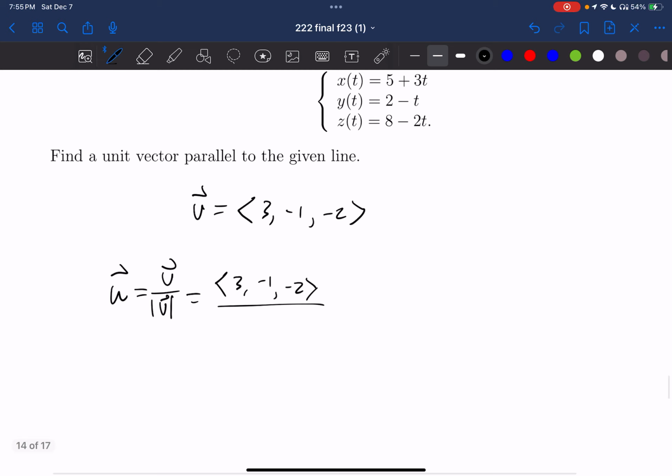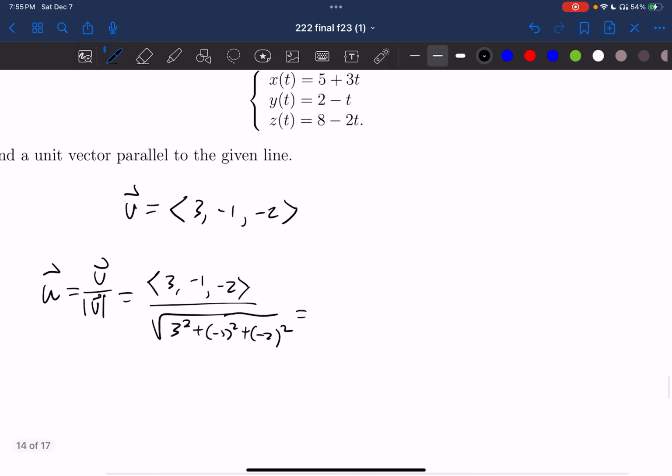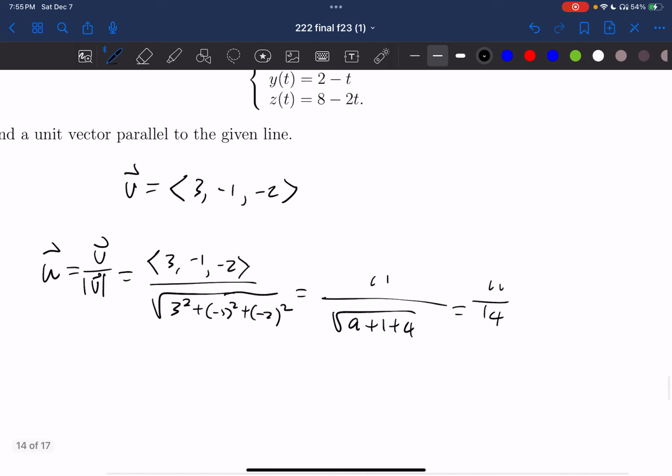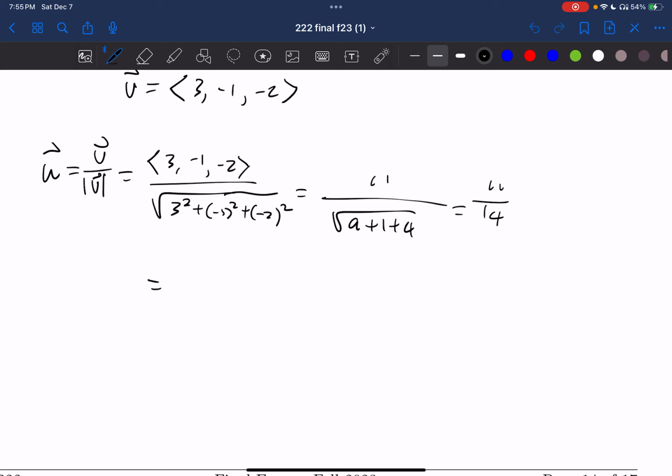And the magnitude of this is going to be the square root of 3 squared plus -1 squared plus -2 squared. This will be equal to, the top stays the same, over the square root of 9 plus 1 plus 4, which is equal to the square root of 14 over our top.